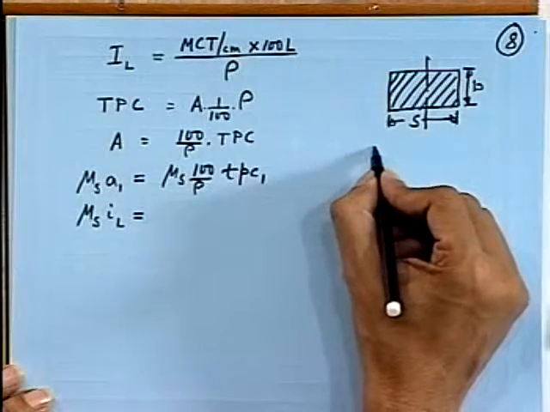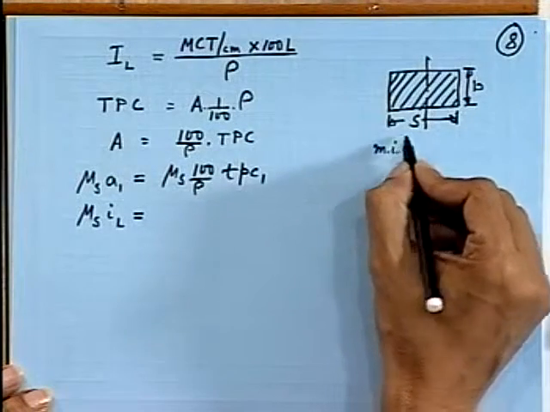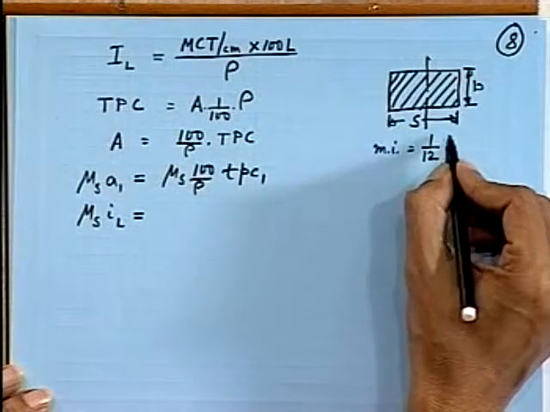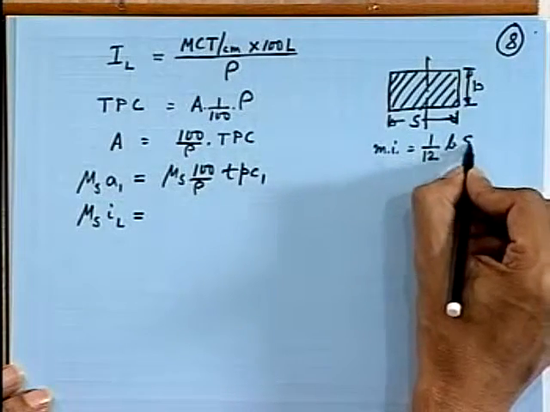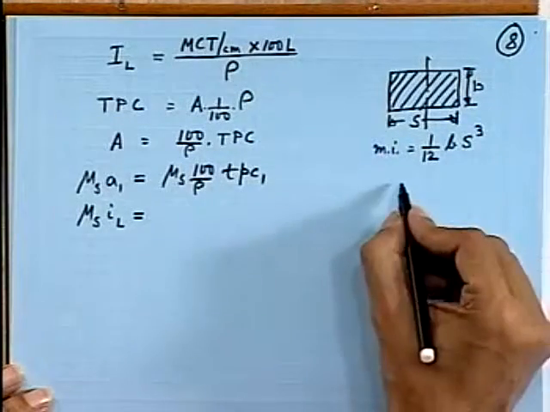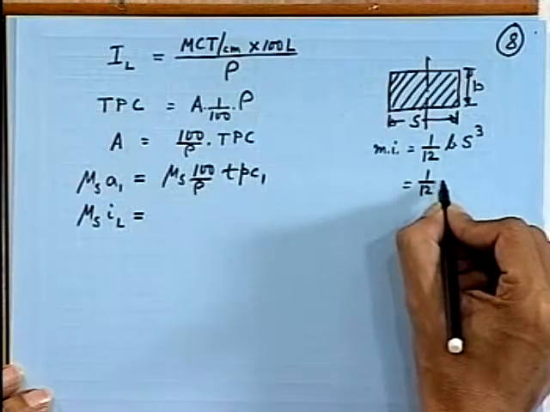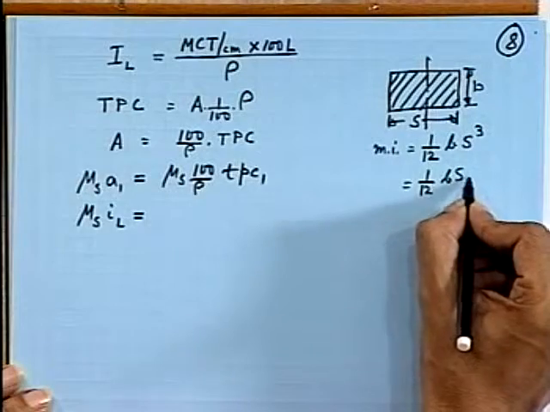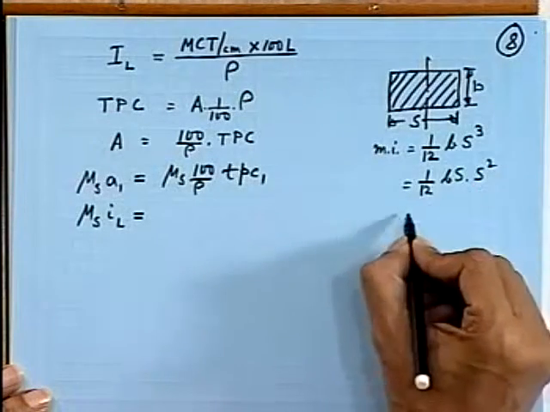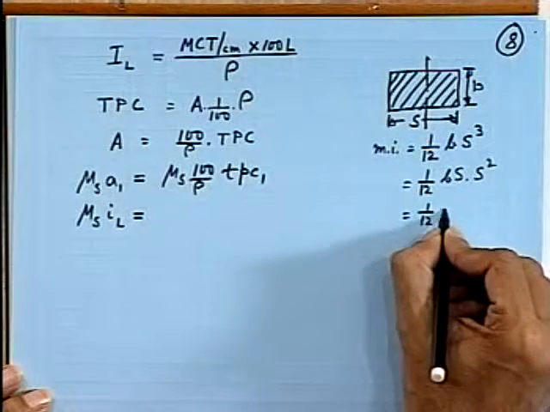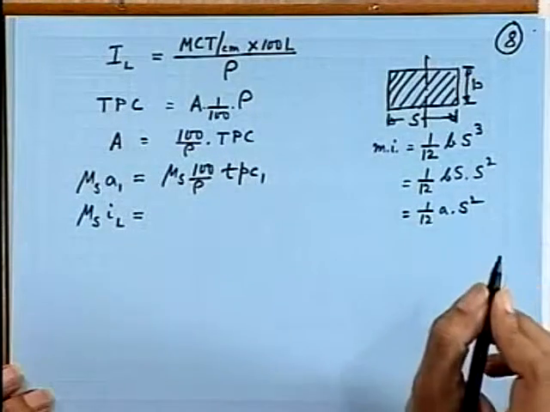Then the moment of inertia, in short I am writing as MI, will be 1/12 b multiplied by s cube. So this is equal to 1/12 bs multiplied by s square, and bs is your area, so you can write this as 1/12 A multiplied by s square.